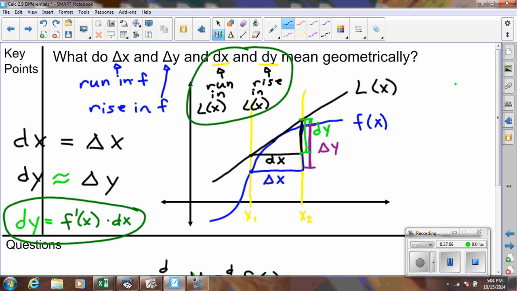If you want to get the actual values of dy and dx, the algebraic understanding, that is these two equations. dx is equal to delta x, and dy can be calculated here. Those are another one of our learning objectives.